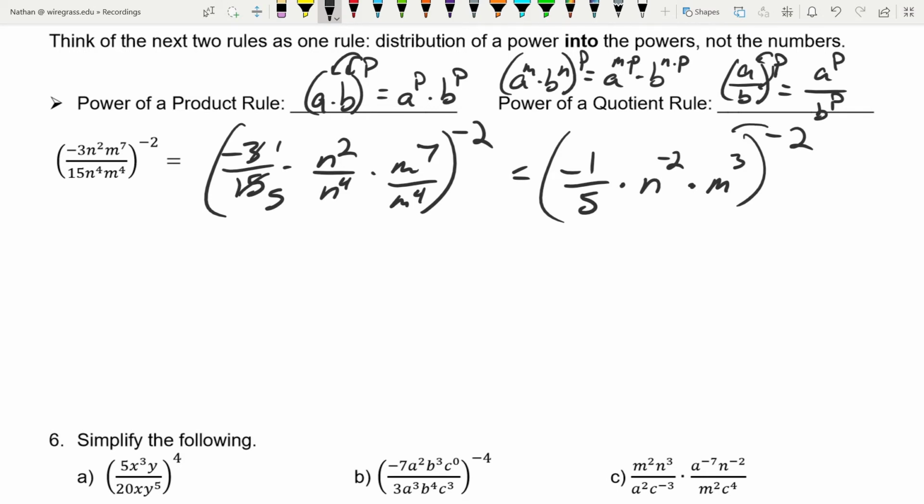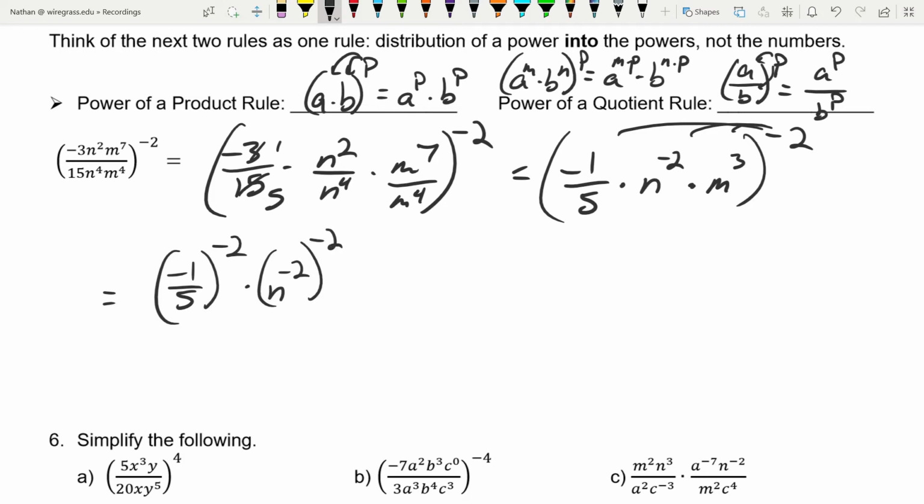I can distribute this power into everything. That's going to give me -1/5 to the -2. In this case, I have n to the -2 to the -2 power. So it's 2 -2's there. And then m cubed to the -2 power.